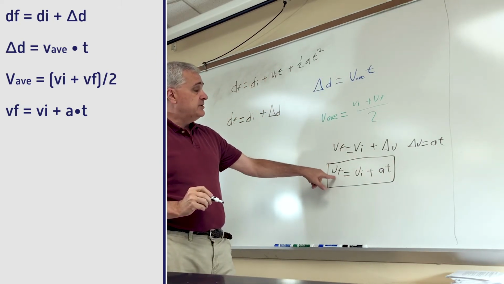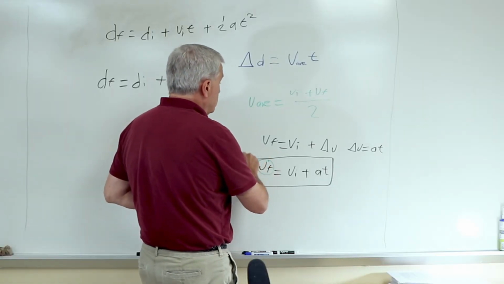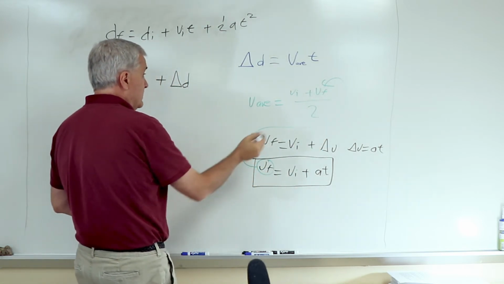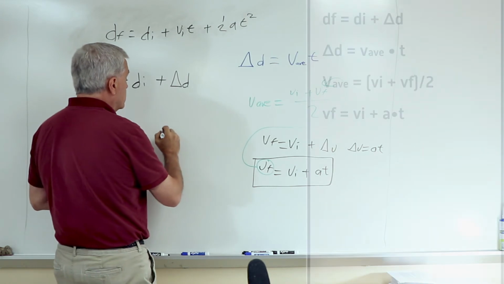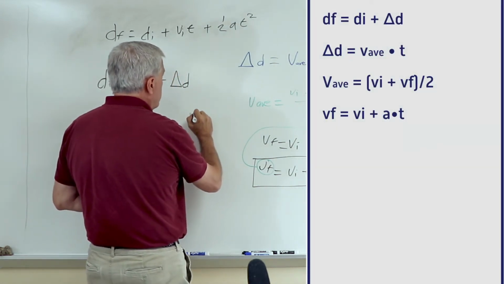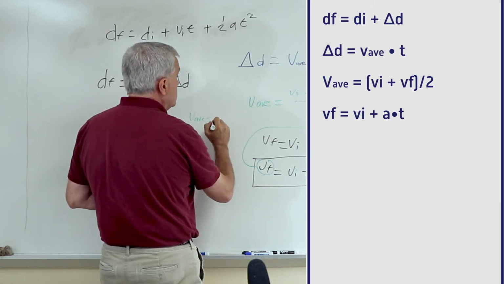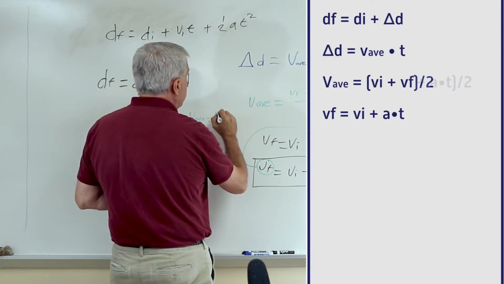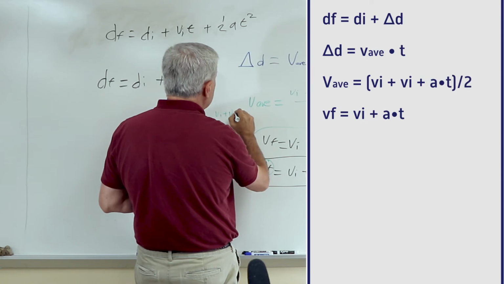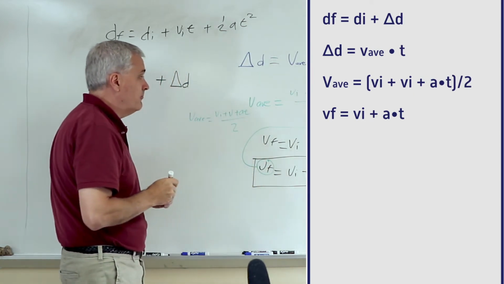Now I'm going to take this V sub F and put it into this equation here, but I'm going to write it over here on the side. V average equals V I plus V I plus A T, divided by 2.